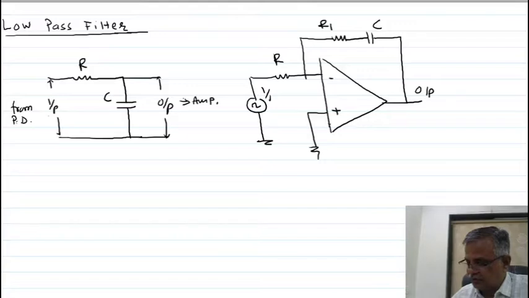This is your input, the output of the phase detector connected at this point, and this output of the op amp is given to the error amplifier. This is a circuit diagram of a low pass filter using an active component like op amp. The earlier circuit using passive components is called the passive low pass filter. This is your active low pass filter.